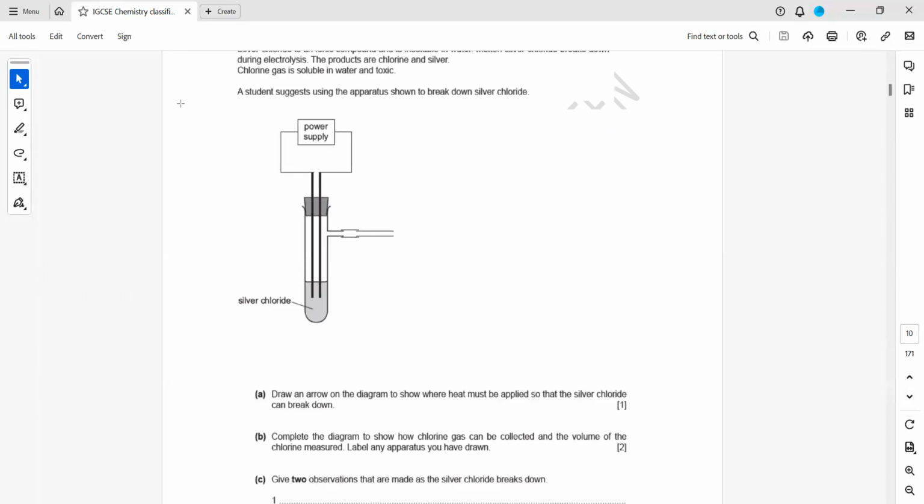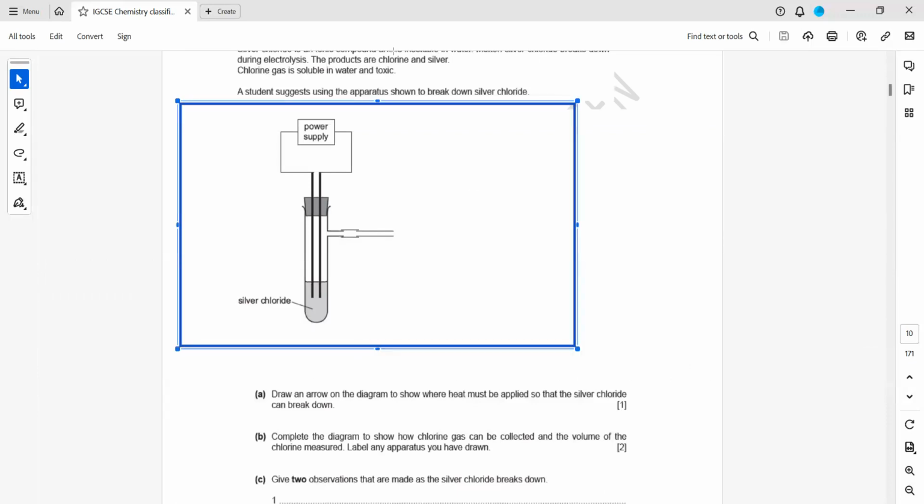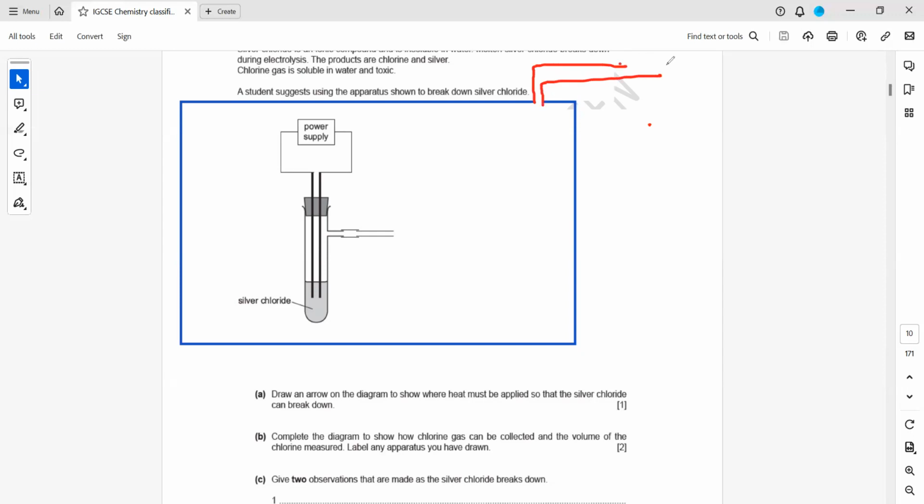So what is a fume cupboard? A cupboard which has a ventilation opening at the top, and that ventilation is open to outside, so the toxic vapors can escape. That part is not inside, that is outside, that is the exhaust.